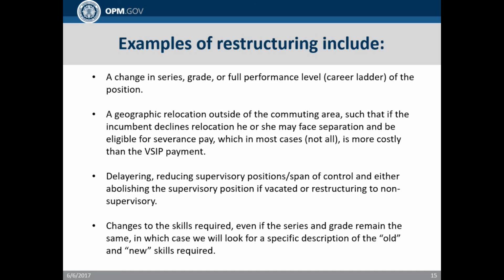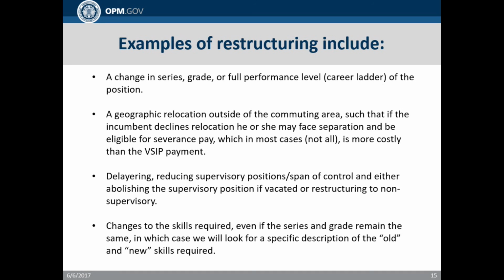And then finally, if we don't see evidence of some of the common restructuring approaches, we'll look for changes to the skills required. For example, even if the series and grade remain the same, if the restructure of the position involves old versus new skills, then that's an allowable use as well for VERA VSIP.